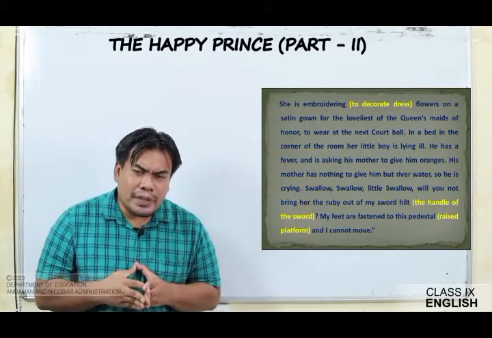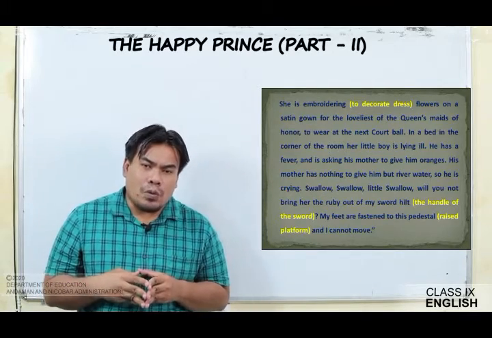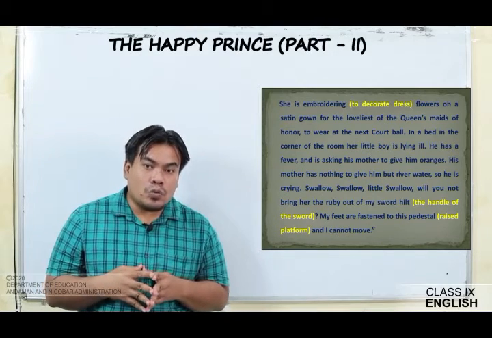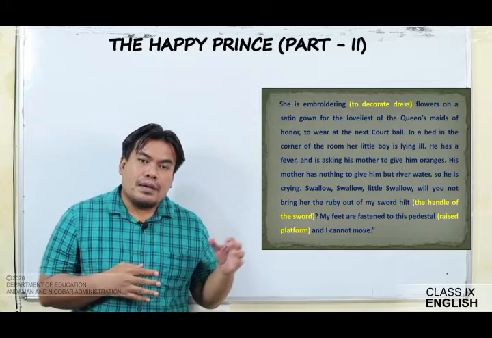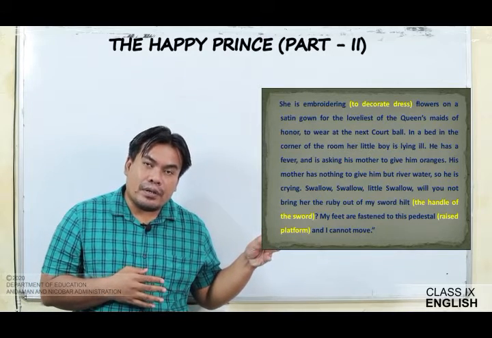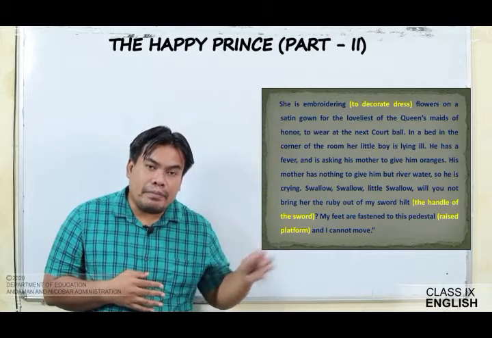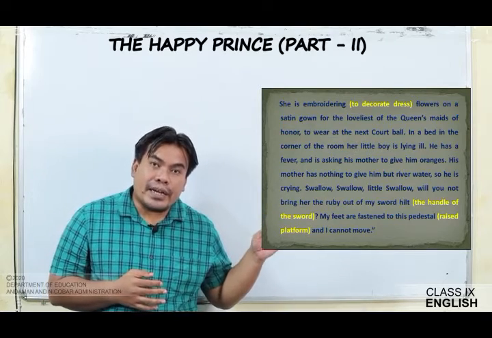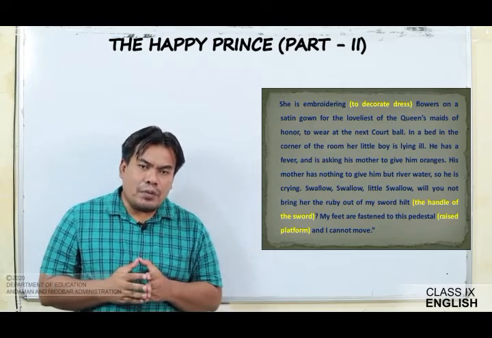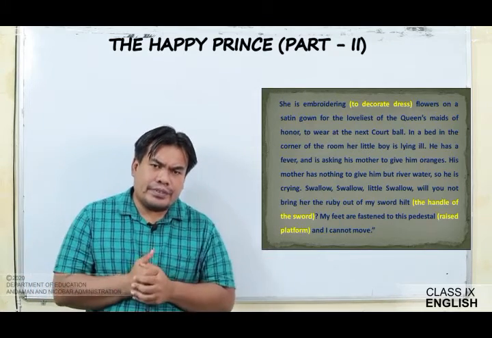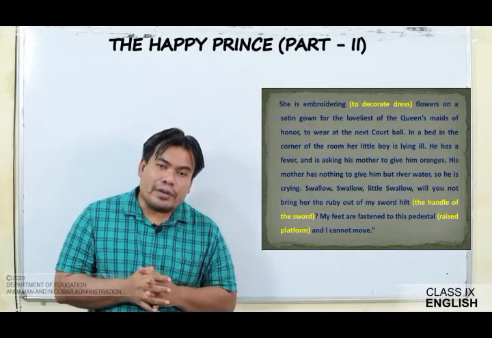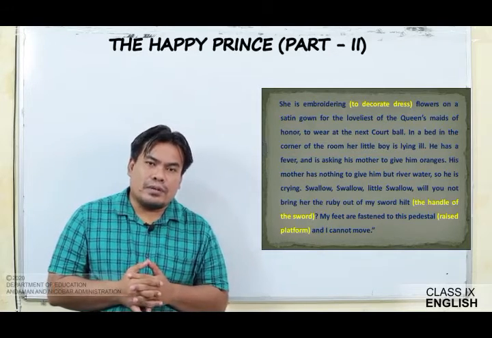So here the statue is telling the swallow, and what is the statue telling the swallow? The child is down with fever. So you have to help them. You have to go there and give them some oranges. His mother was very poor. She had no money. She could only give him water, and that also was river water and not normal water.